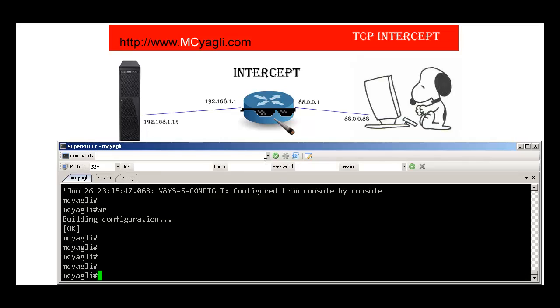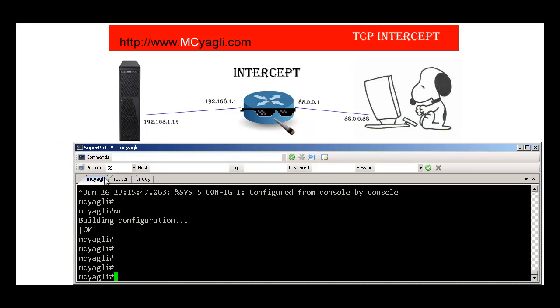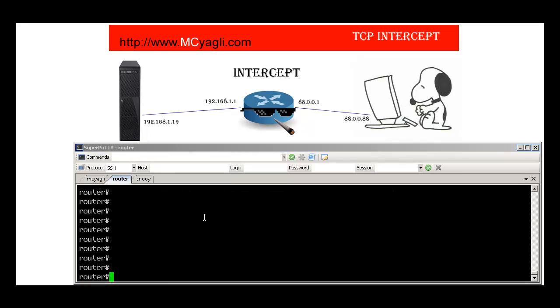Okay, so this is my configuration. In fact, I'm using 3 routers. They're all routers in GNS3, and this is my router. I will use, I think, 5 or 6 steps to configure TCP Intercept mode.